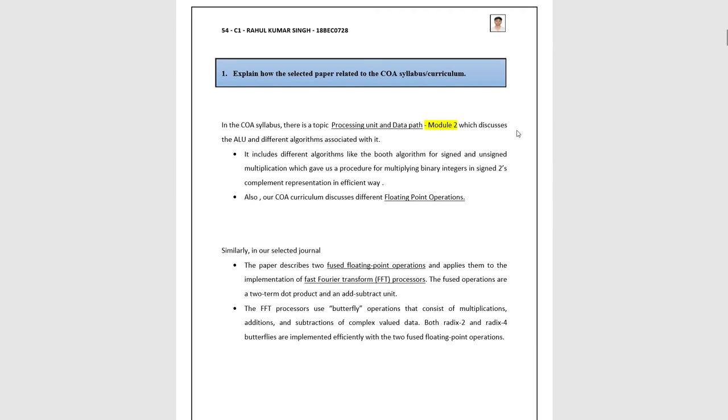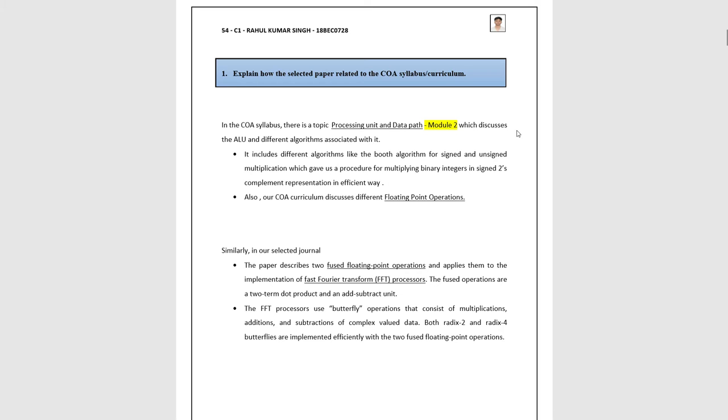For the first question, explain how the selected paper is related to the COA syllabus. In our COA curriculum, there is the topic processing unit and data path in module 2, which discusses the ALU and different algorithms associated with it. It includes algorithms like the Booth algorithm for signed and unsigned multiplication, and our curriculum also discusses floating point operations.